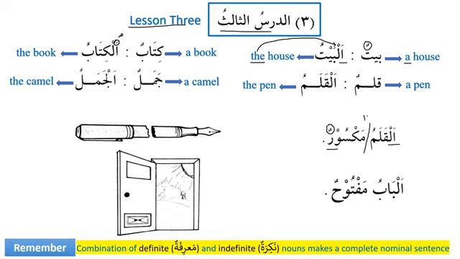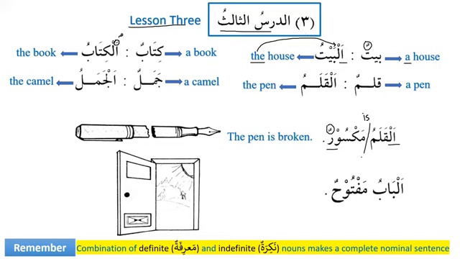How do we know that it's a complete sentence? Try to insert "is" in between. If it's possible to insert "is" in between, then it becomes a complete sentence. The pen is broken. So we can see over here that it's a complete sentence.